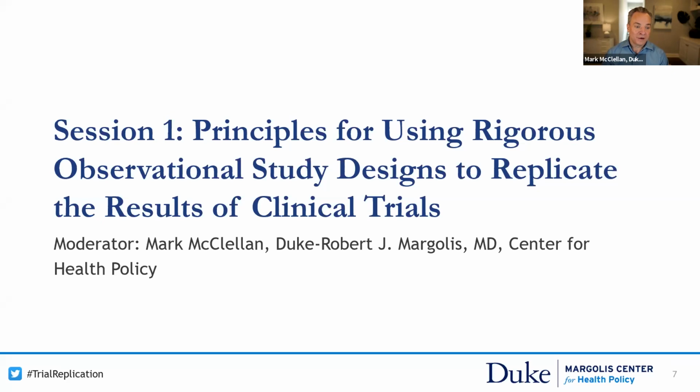So right now, I'd like to start off by building on the overview that Dr. Corrigan-Karai provided as we go to the first of our 3 sessions today on principles for using rigorous observational study designs to replicate the results of clinical trials. We're going to hear from Miguel Hernan, who's the Colocotrones Professor of Biostatistics and Epidemiology at the Harvard T.H. Chan School of Public Health.